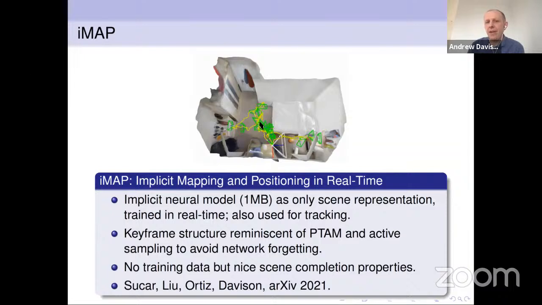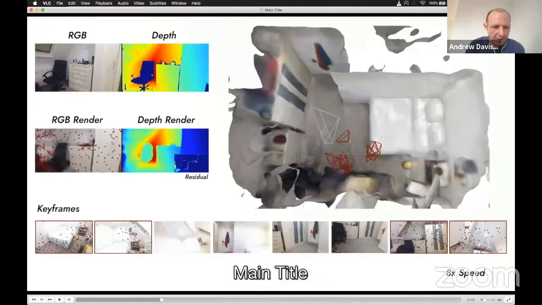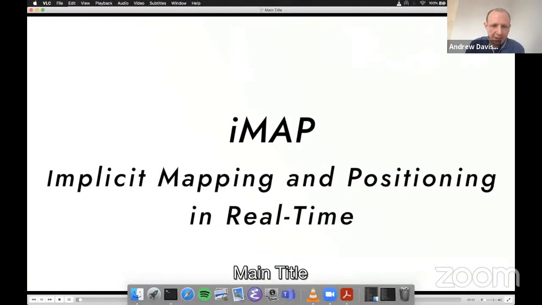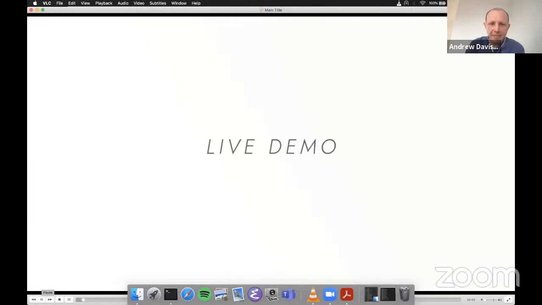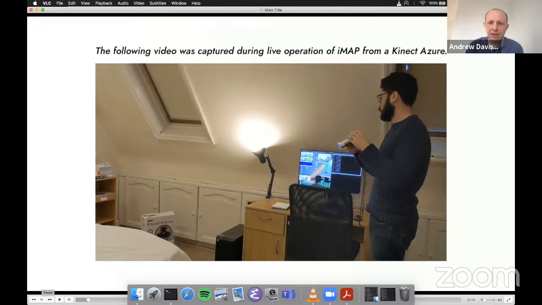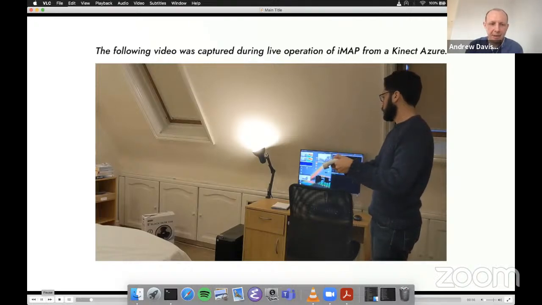So here we're using in real time a multi-layer perceptron as our only scene representation. So let me just quickly show you a bit of video to explain how this works. So it's a real-time system, and we are training a neural network in real time here as the scene representation.